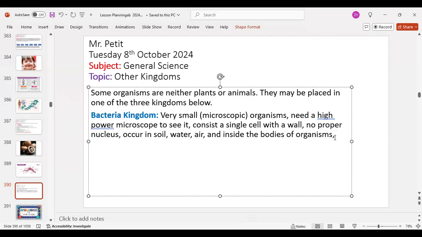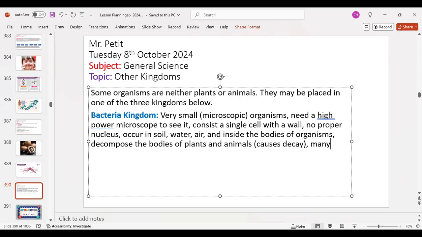So what's the function of bacteria then? They decompose the bodies of plants and animals. So that means it causes decay, causes stuff to rot.